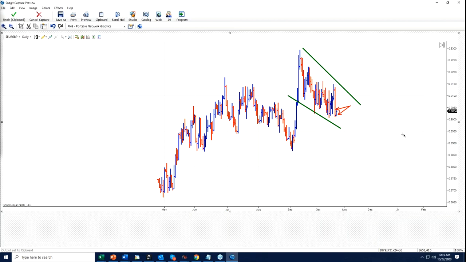To me, an inside bar is a coil, and it could unleash to the upside and re-challenge the upside of this bar. But if I'm looking for this thing to go lower, I would just put a sell stop on the other side of it. And if the market kept going higher, no big deal. I love those days where I put in an order and the market doesn't confirm what I'm looking at, goes the other way, and then I simply cancel it by the end of the day.